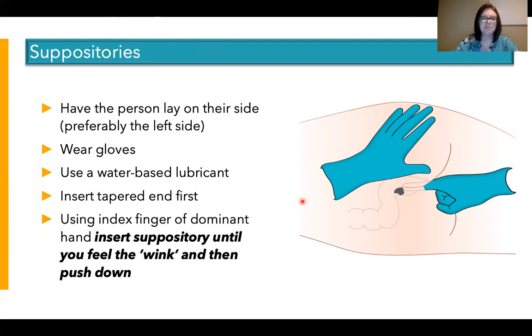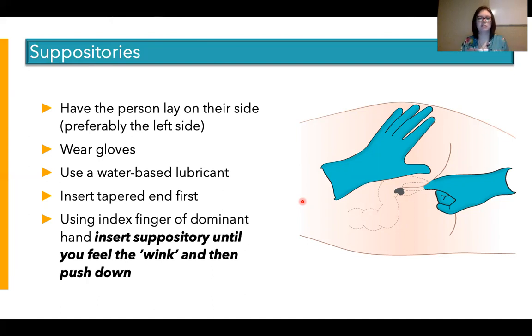And then when we have suppositories, we want to do the tapered end first. There's a flat end and there's a tapered end, and we always want to use the tapered end. Make sure we put a good amount of lubricant on there. It's kind of hard to overdo it, honestly, with the lubricant. You want to make that as easy as possible. Then when you put in a suppository, you're going to use your index finger, usually of your dominant hand.